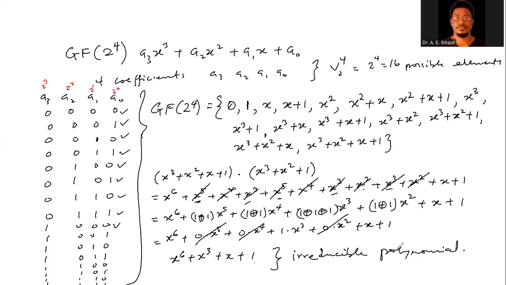Now that we have done this, we have to define that irreducible polynomial. I would not want to bore you with that definition, which you have in your other notes. So let us assume one irreducible polynomial, okay? And that is this.